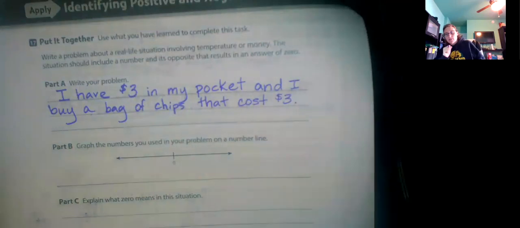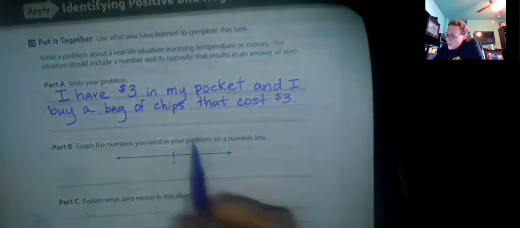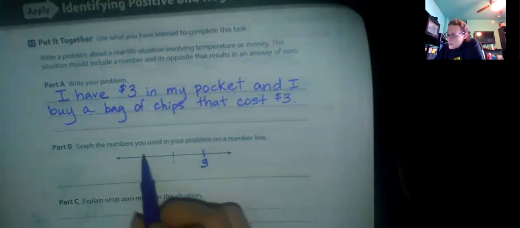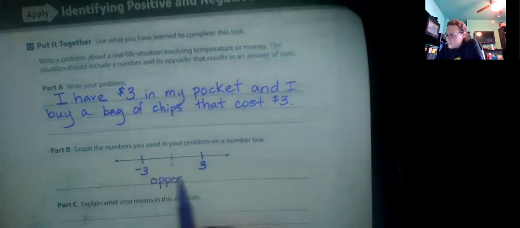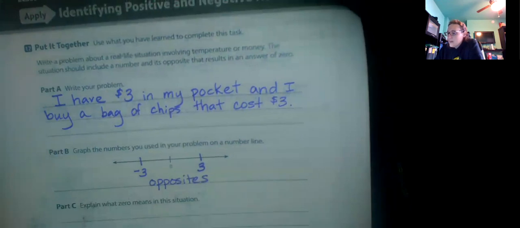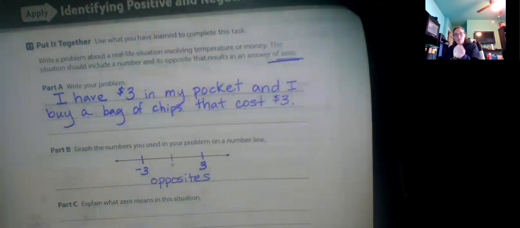Okay, so you have $3, so there's your positive, but then you're buying chips for $3, so that's a negative. And so when it says to graph it on your number line, right, you have positive $3 and you have negative $3. So we have our opposites. And the reason that that answer gives you an answer of 0, because think about it, if I have 3 and I take 3 away, you have nothing left, right?